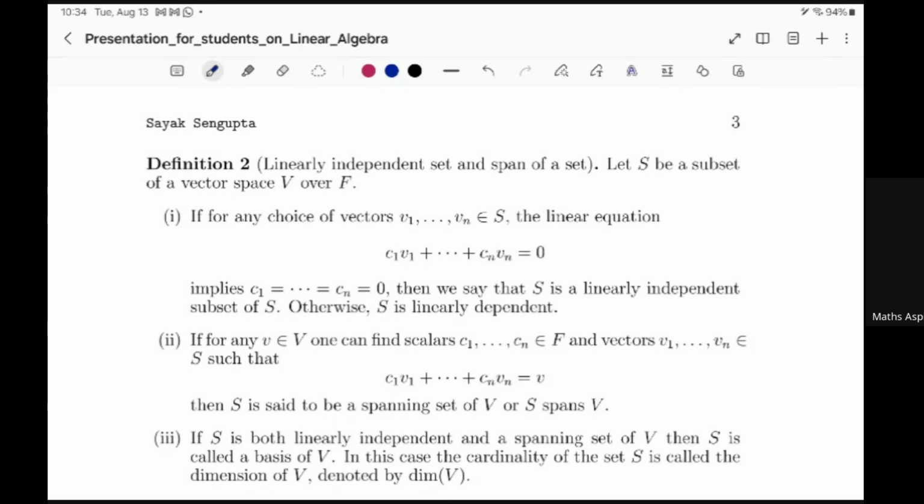So what do we mean by linear independence of a set? When I say linear independence of a set, I mean linear independence of a set of vectors.